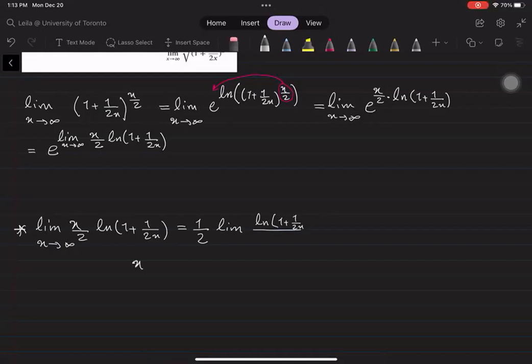Then x is basically the same as saying 1/x, right? So here you can put 1/x. And this way you're gonna get 0/0. So you can use L'Hopital's rule. And so you have 1/2 limit.